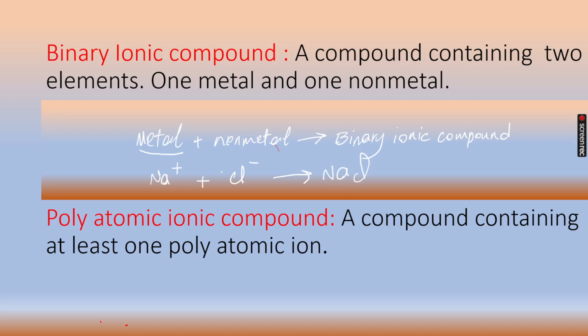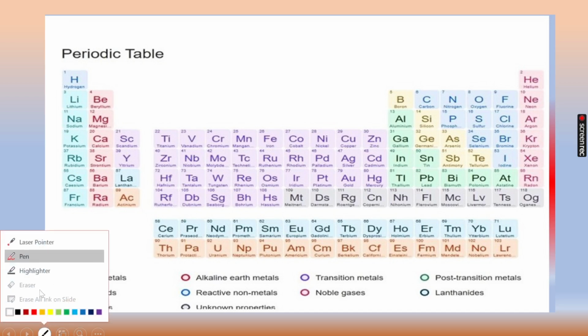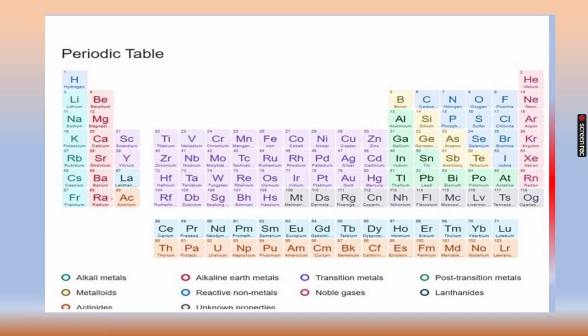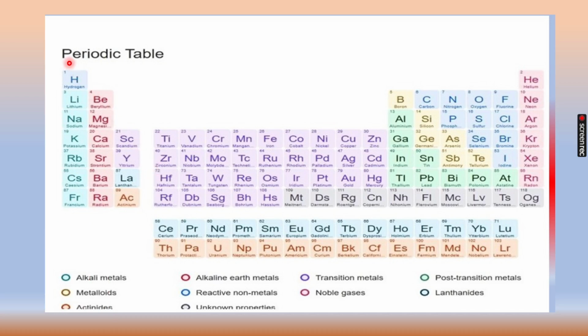Let me talk about the ions at first, metals and non-metals. This is a periodic table, and I think that you are familiar with the periodic table. In the periodic table, this part, look at the pen, consists of metals.